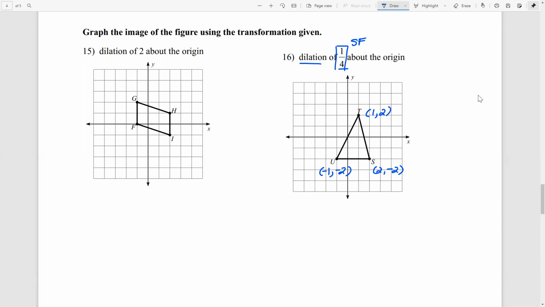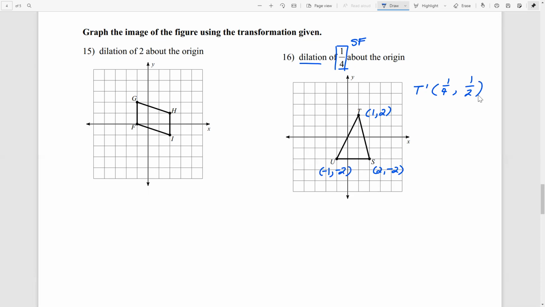Okay. Now remember, when we're taking this dilation, when we're multiplying by my scale factor, I just have to take that and multiply by my coordinates. So t, when I take my t prime, my dilation, instead of 1, it is now 1/4. Instead of 2, it is now 1/2.